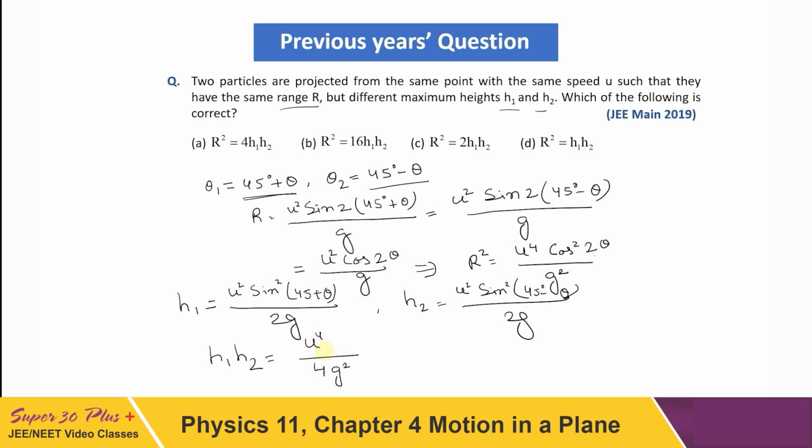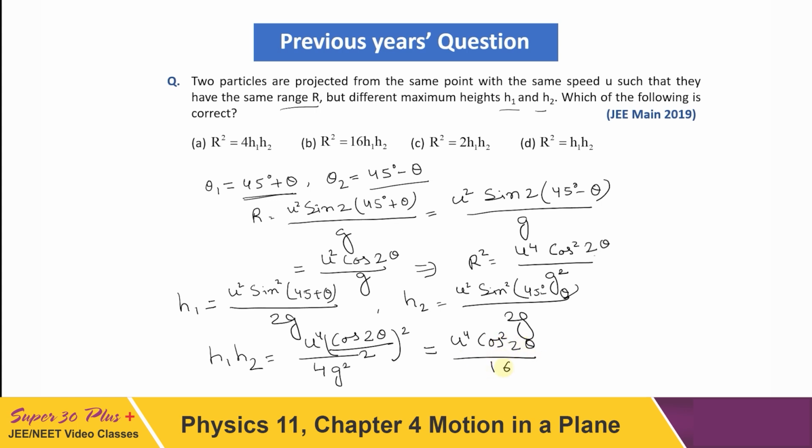Here the term will come as sine square (45 plus theta) multiplied with sine square (45 minus theta), which can be simplified with the help of trigonometrical identity, and it will give cos of 2 theta upon 2 and square of this, which is equal to u to the power 4 cos square 2 theta upon 16g square.